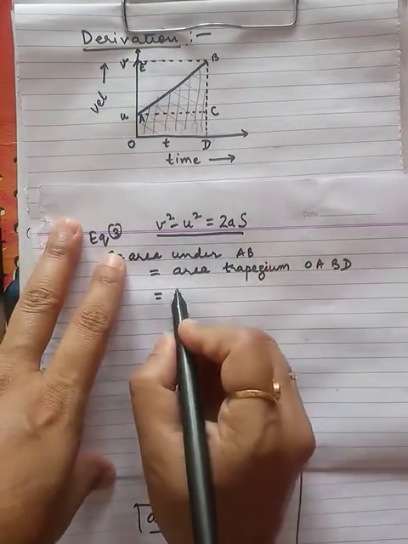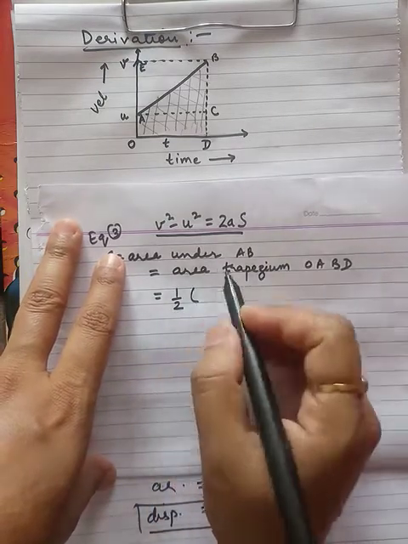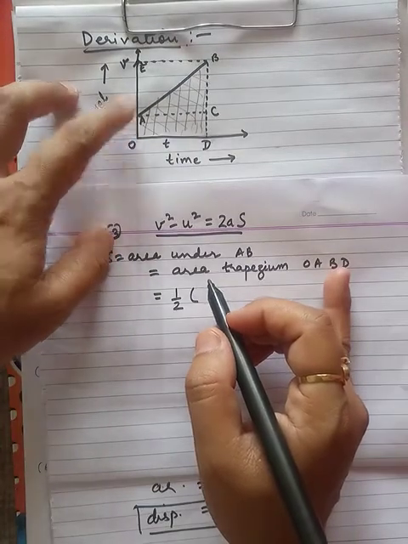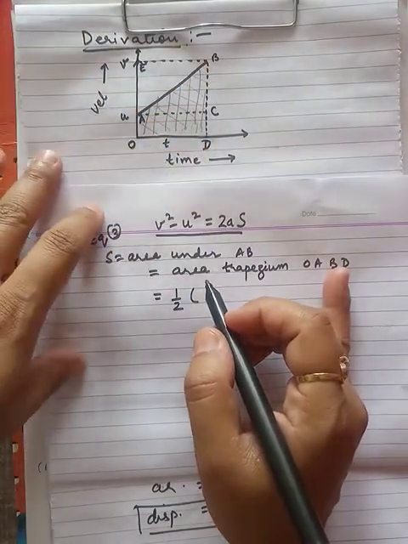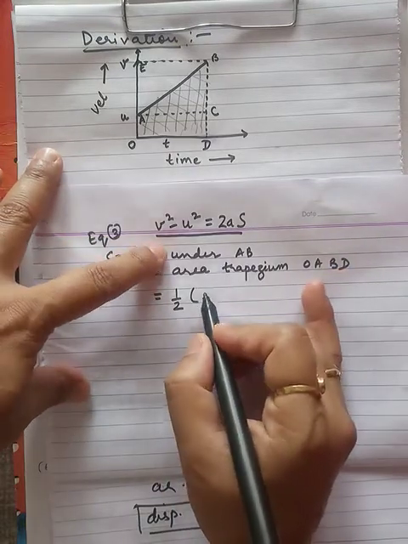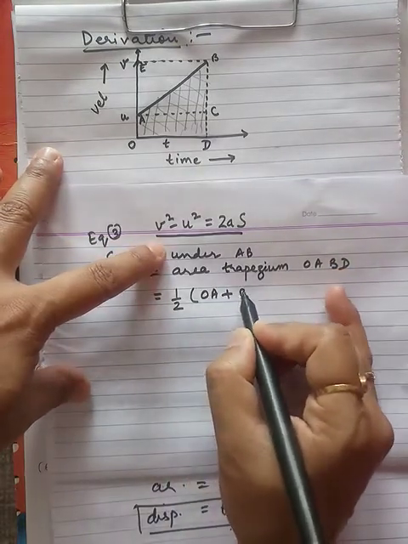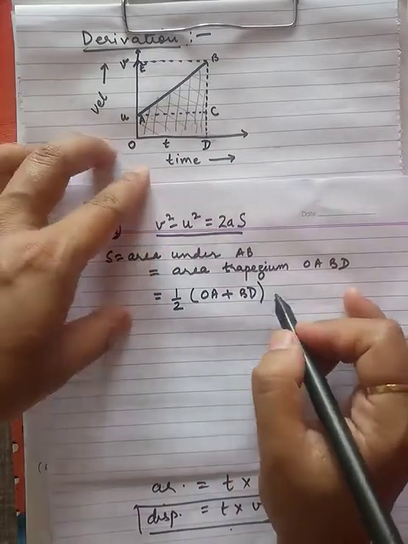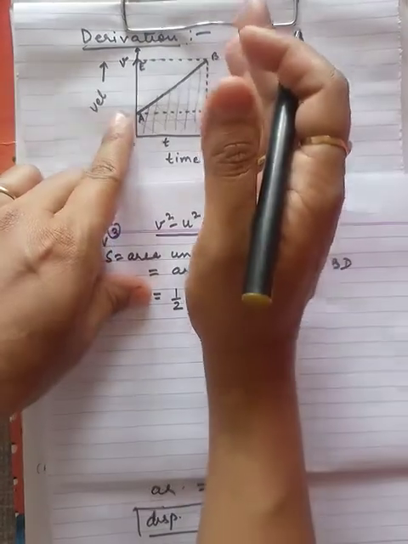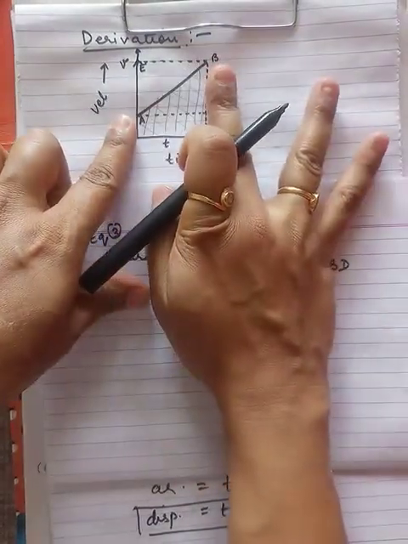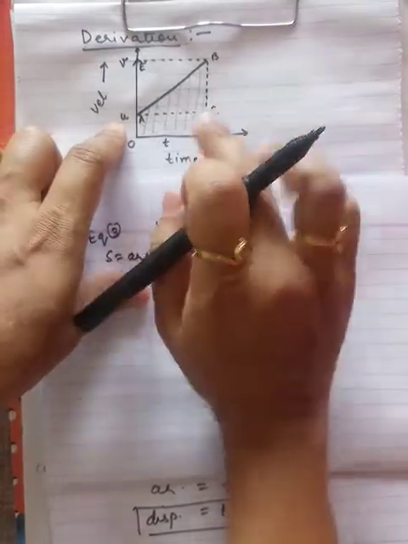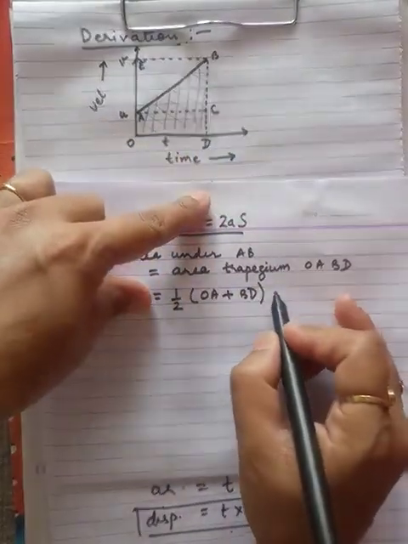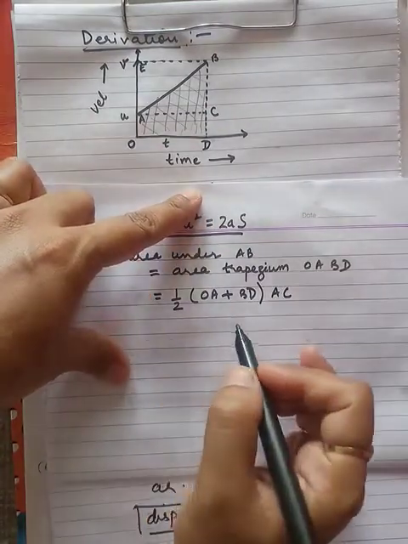What are the parallel sides? OA and BD are the parallel sides of the trapezium. So OA plus BD, then multiplied by the height. Height will be the perpendicular distance between these two parallel sides, that is AC, or you can write OD also. So I will write AC, right?